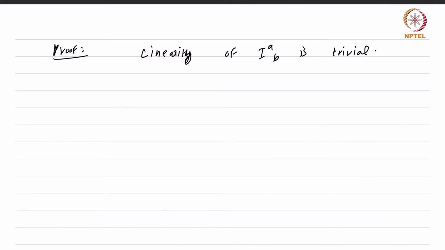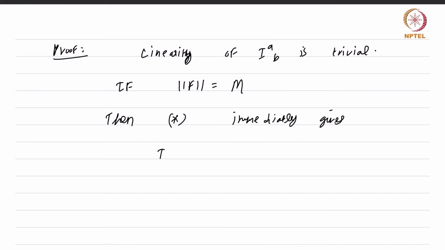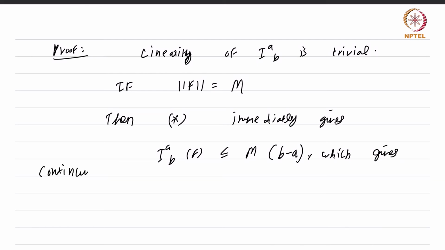As for continuity, well, observe that if the norm of f under the sup norm is some m, then star immediately gives that I_ab of f is less than or equal to m times b minus a. Okay, which immediately proves continuity, from the theorems that we have developed about continuity of linear maps on a normed vector space.